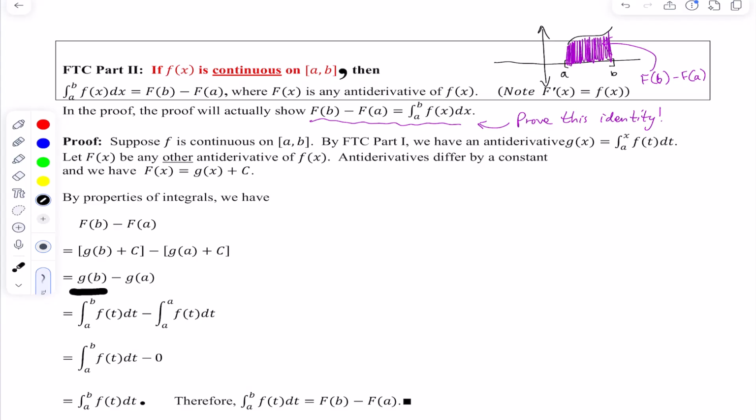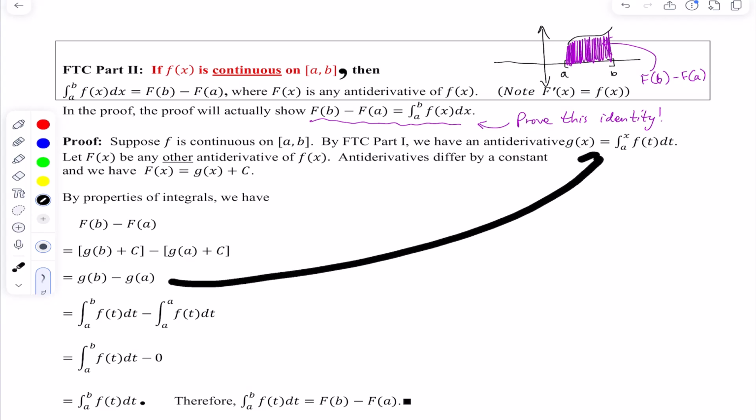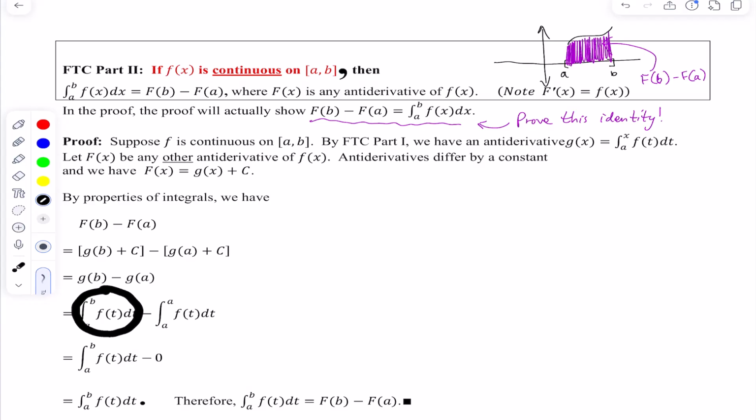You are now left with an expression g of b minus g of a. But g of b minus g of a is simply this substitution evaluated at b. So we get this first integral, and the second integral is g of a.